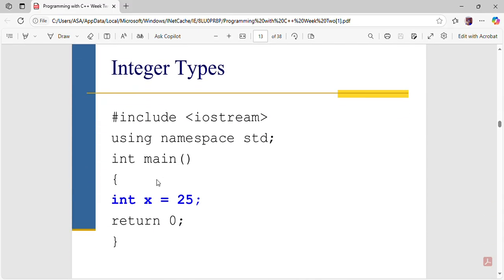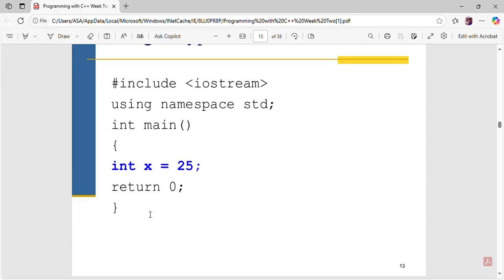Let's look at some integer types being used in a C++ program. So we have our include iostream, using namespace std, int main, int x is equal to 25, and then return 0.